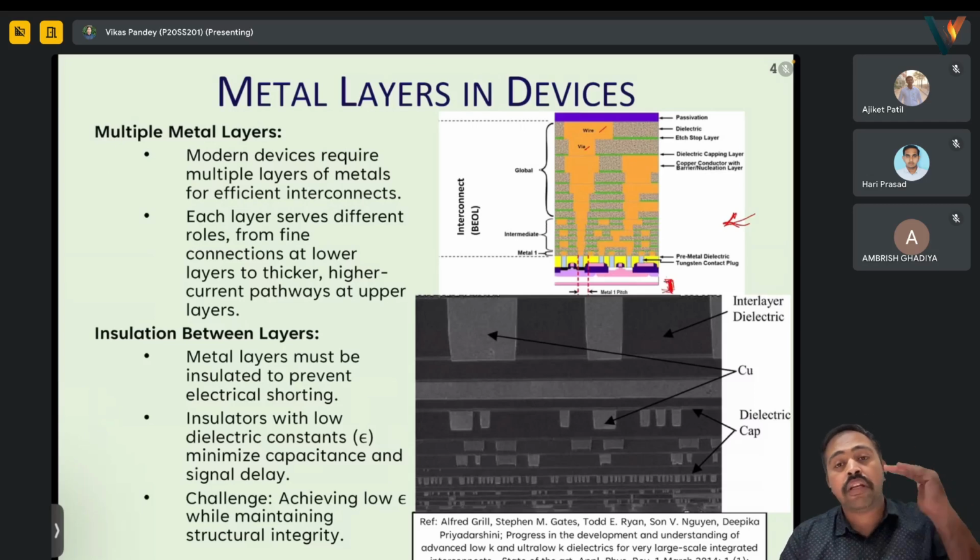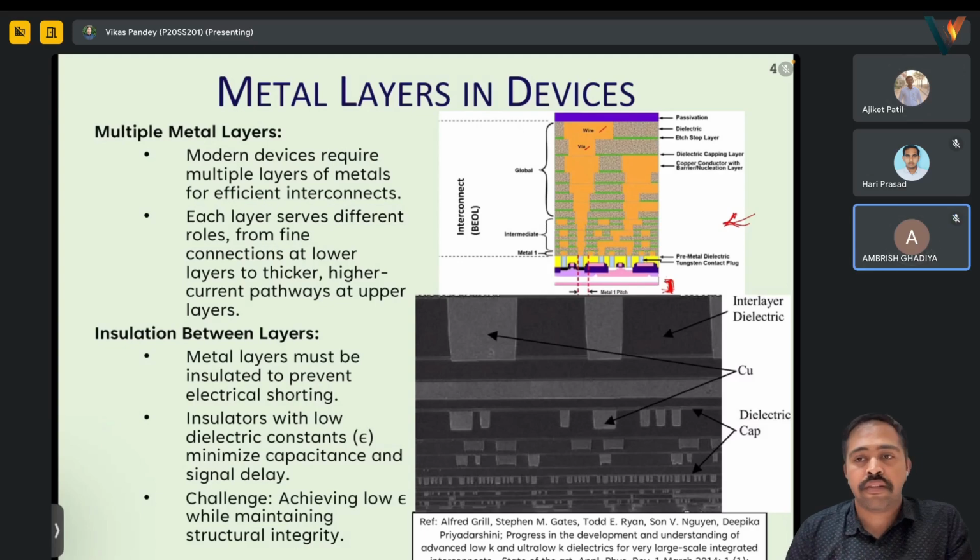So there are multiple layers of metallization for different connections, just like in a PCB, printed circuit boards, which everyone is aware of.